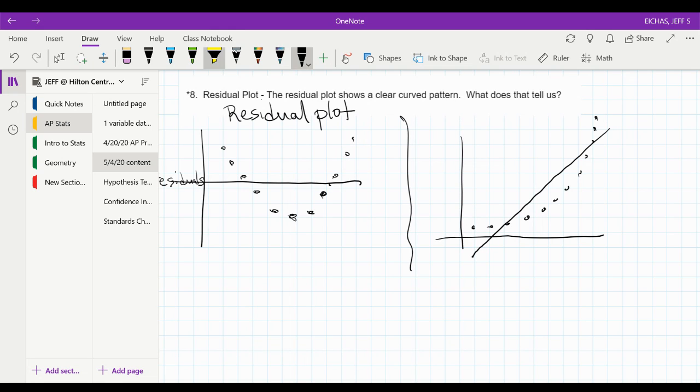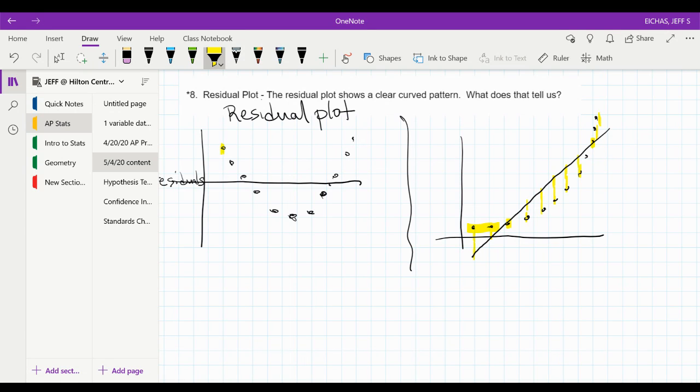What you can see here is in the beginning, in these first few x values, notice that they are above the line of best fit. Then it's about the same, and then it goes below for a while. Then it's about the same, and then it goes back to the high.